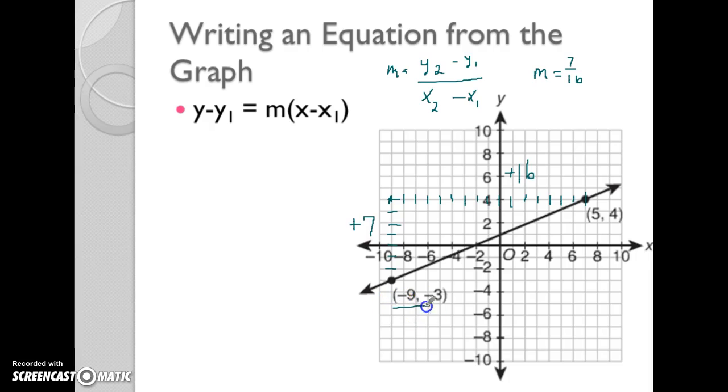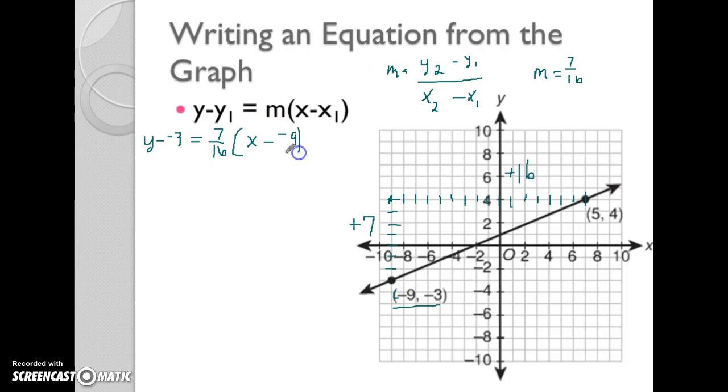So if we first choose this (-9, -3), my y-coordinate in place of y1 is -3. So I would list that as y minus a -3 is equal to our slope, which we calculated as 7/16, times x minus my x-coordinate, which is -9.